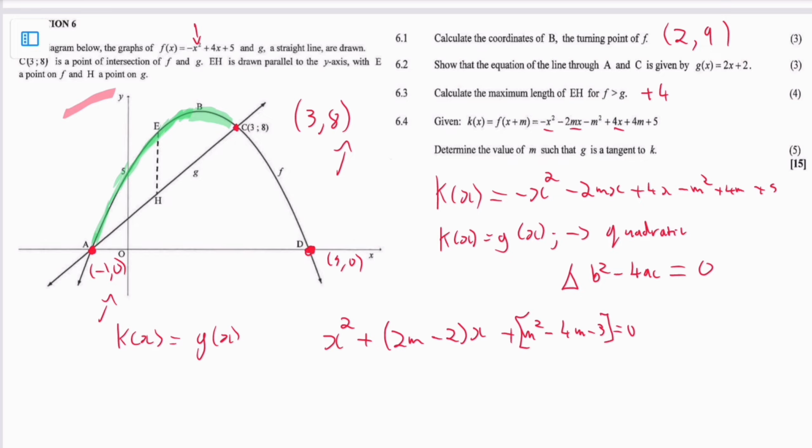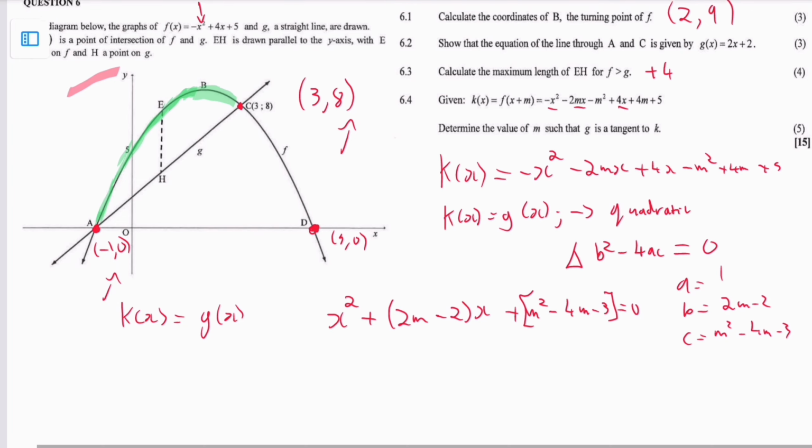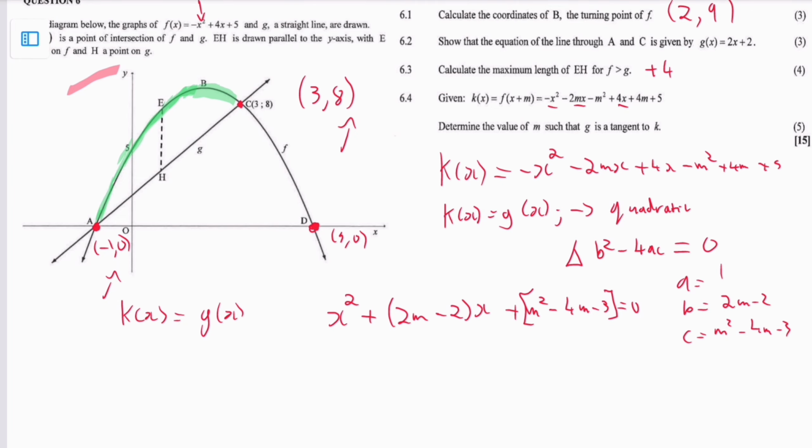And so now we have it in the form of a quadratic, where a is equal to 1, b is equal to 2m minus 2, c is equal to m squared minus 4m minus 3. Wonderful. Now, all we need to do is say b squared minus 4ac equal to 0.